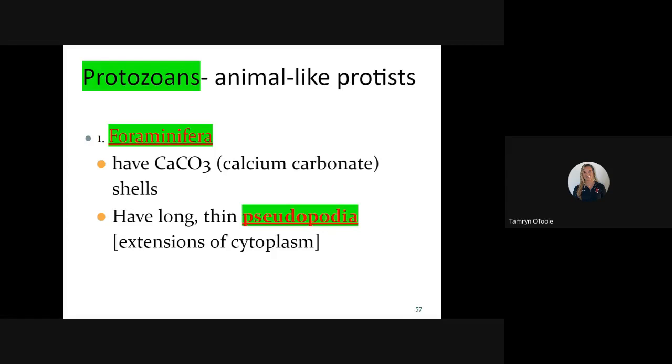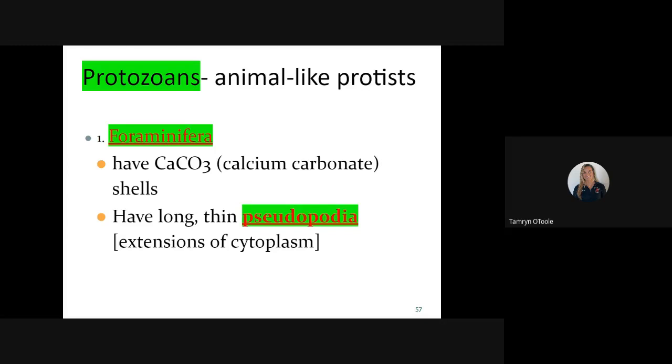They have to hunt for food. So they cannot produce their own food. They've got to actually hunt in order to go through the process of cellular respiration and sustain life. So they have to find some other type of source of carbohydrate in order to do that. All right, they do have calcium carbonate shells. Notice once again, there it is, calcium carbonate.